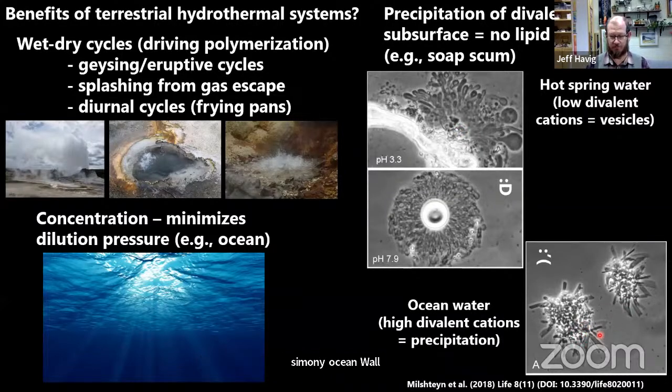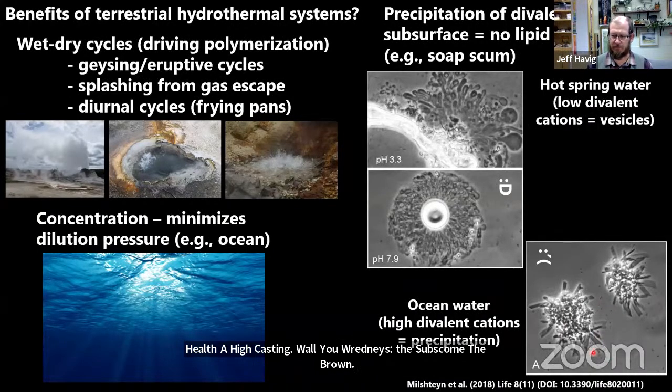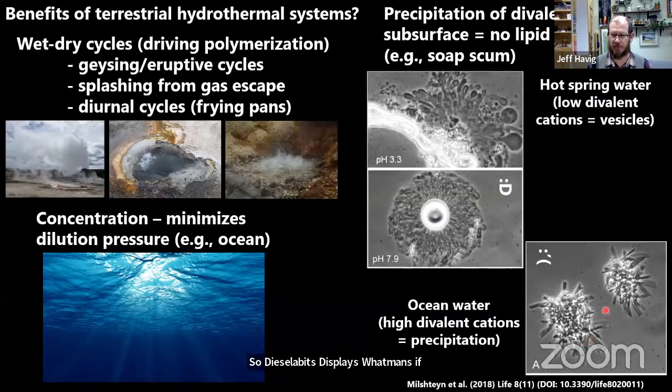And so if you have a high calcium water, you'll recognize that as soap scum or the brown layer that forms in your bathtub. So these lipids, if they're in the presence of high concentrations of divalent cations like calcium and magnesium, precipitate as crystals. And so they crash out of solution, which of course makes it really hard to try to make a cell.